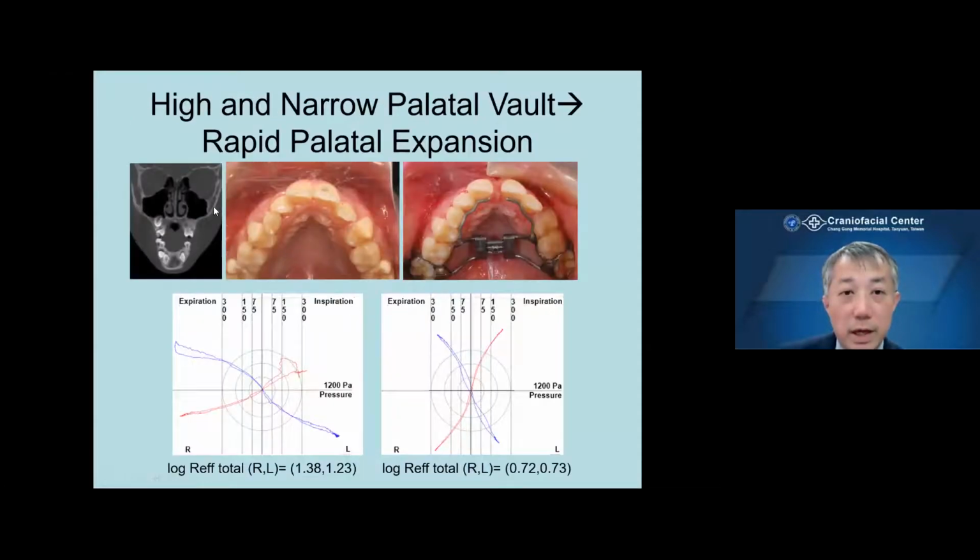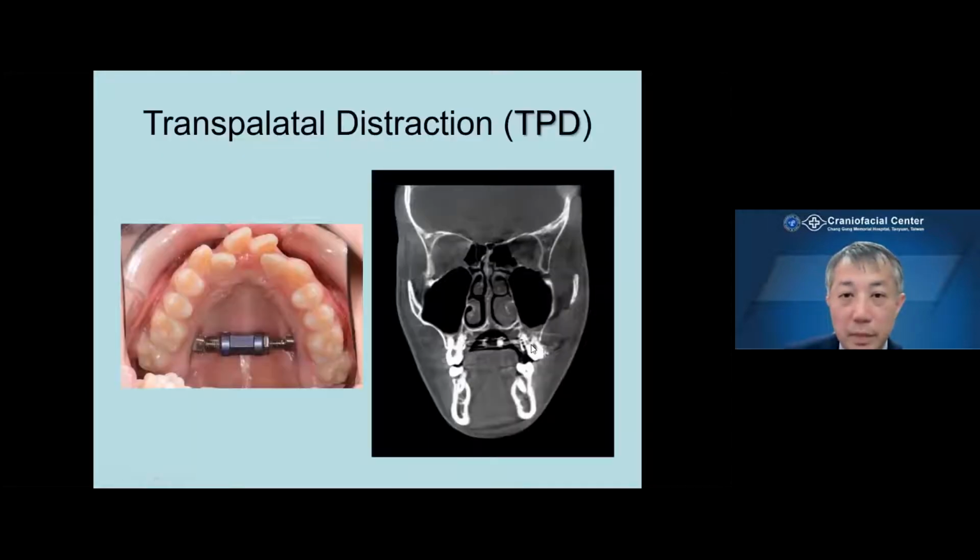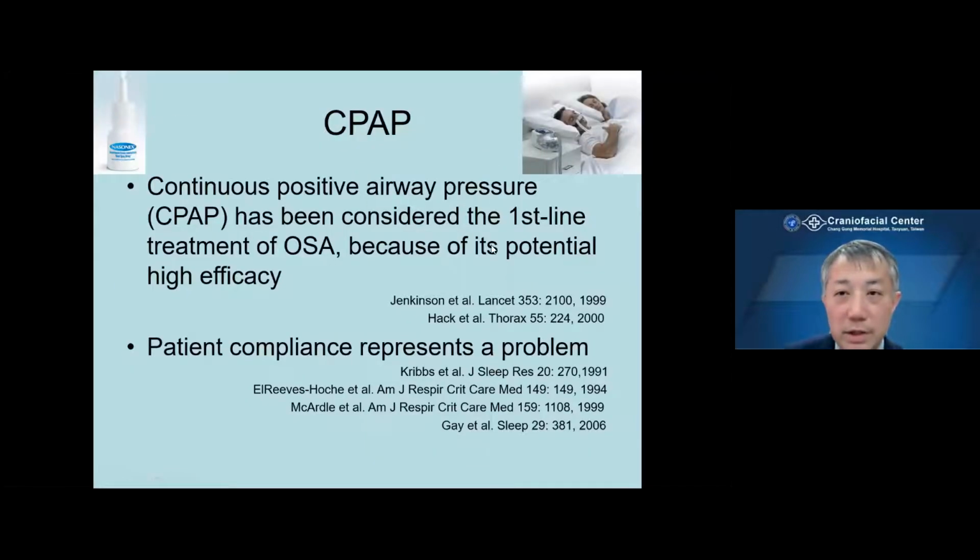He still has some narrowing of the upper jaw, so expansion can be done to improve the airway further. And sometimes distraction transpalatally can also be done to effectively improve it.